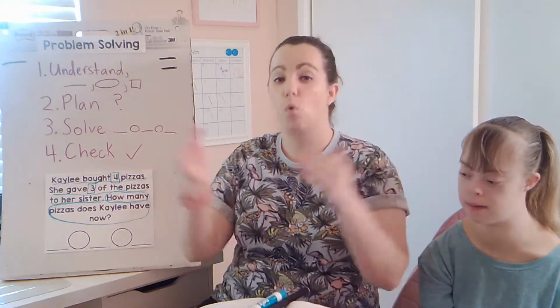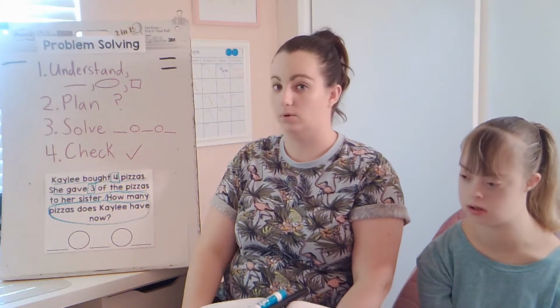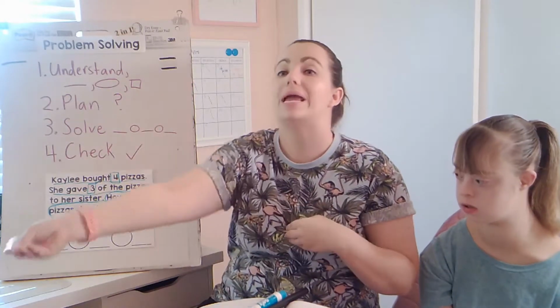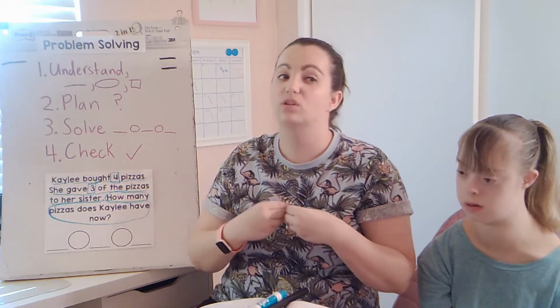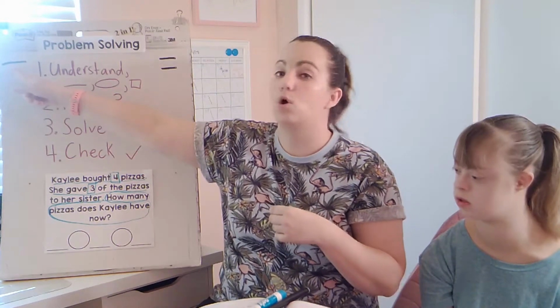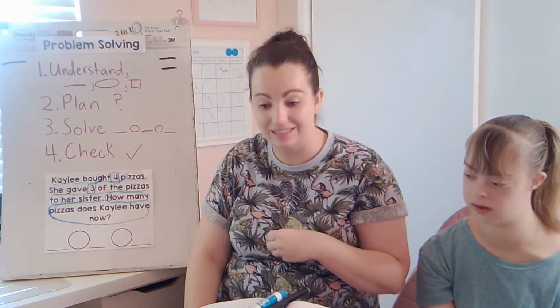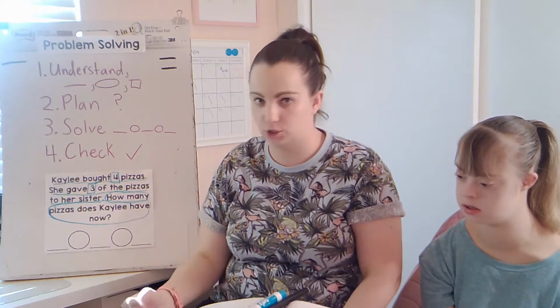Is she getting more pizzas? Or do you think it's going to be a subtraction problem using the minus sign because she gave away pizzas? Does Kaylee get more pizzas? Or does she have some pizzas taken away? Away. Good job, Kaylee. So are we using addition or subtraction here?